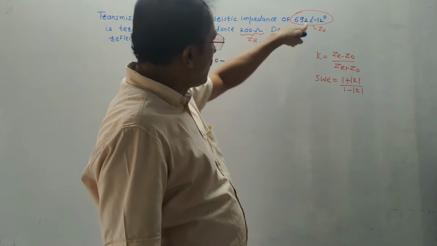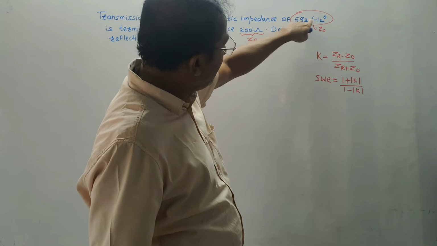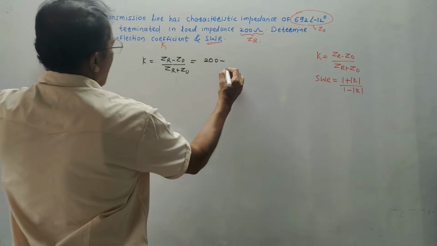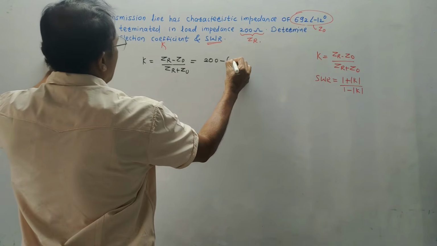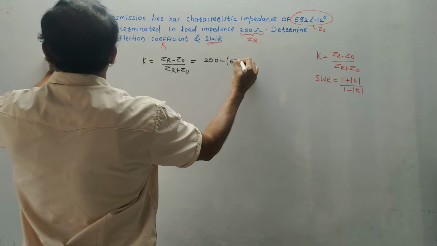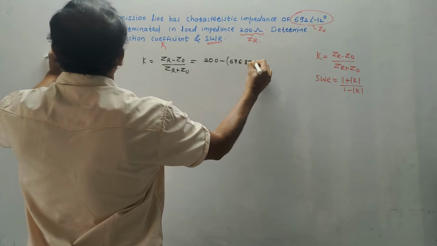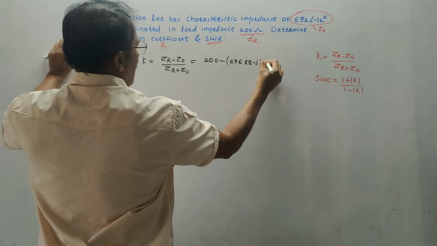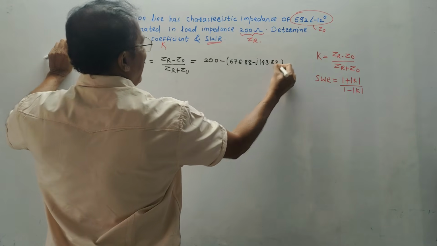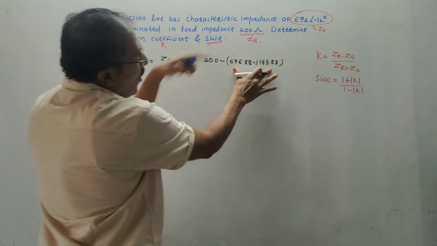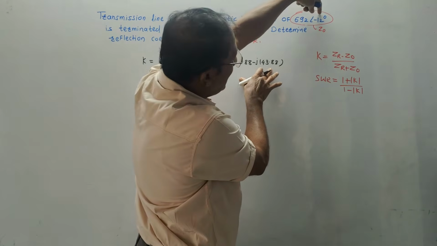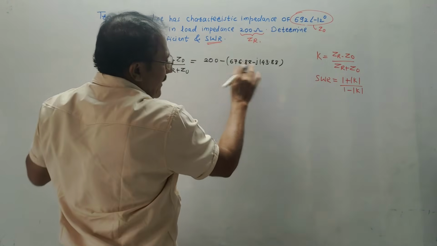Do watch that video. So presently I am directly converting it into rectangular form. After conversion, this value will become 676.88 minus J143.88. This is the value of 692 at an angle minus 12 degrees in rectangular form.